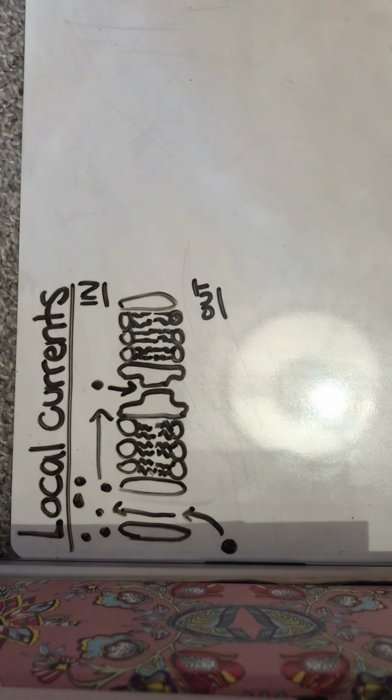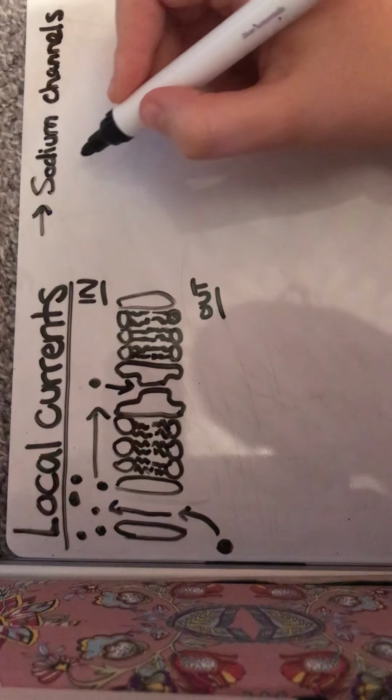So if we're going to look at what local currents are and how they are caused or initiated, it's really just that the sodium ion channels at one point of the neuron, so I'm going to put sodium channel, open.